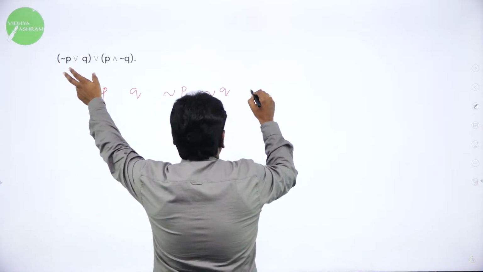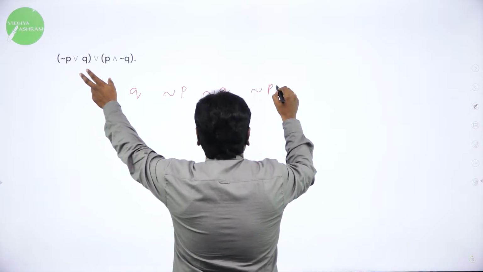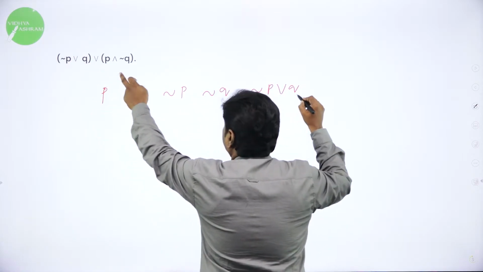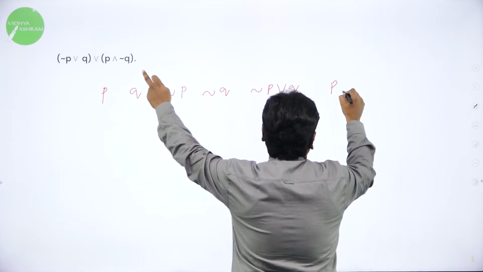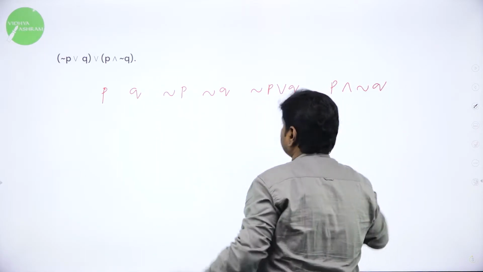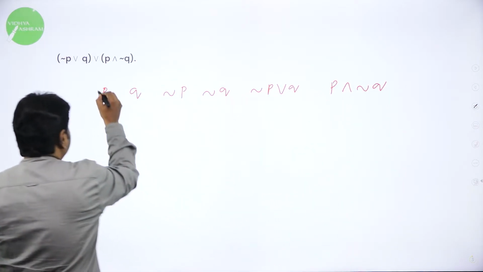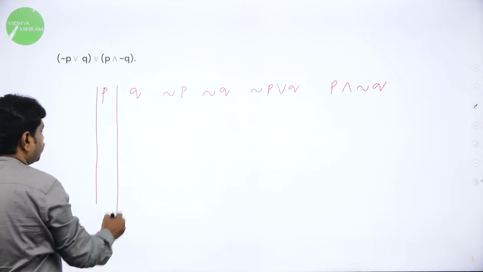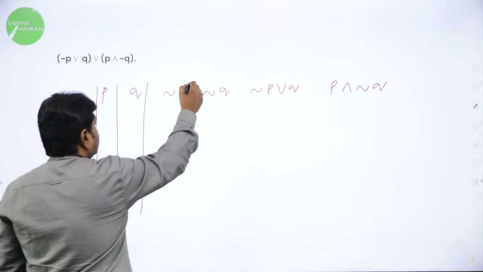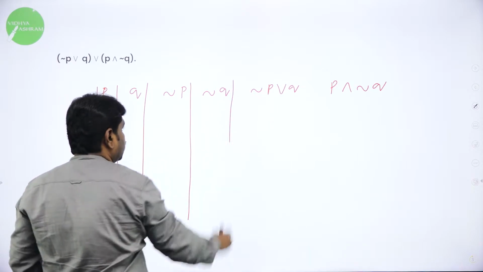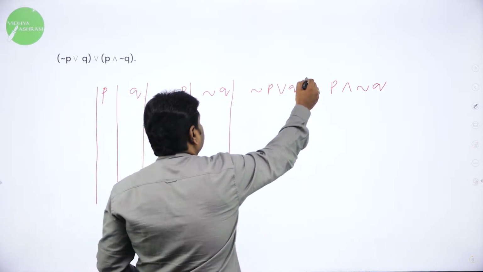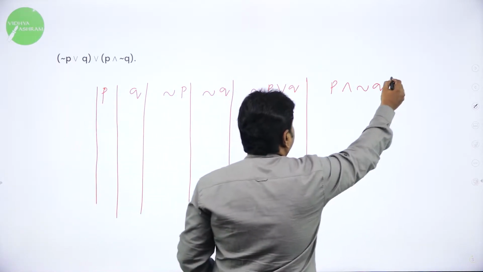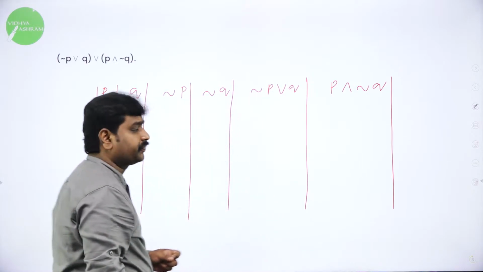Then the combination negation P OR Q, then P and negation Q. So I have a statement P, then negation P, then negation Q, then negation P OR Q, then P and not Q. These are the values we have.